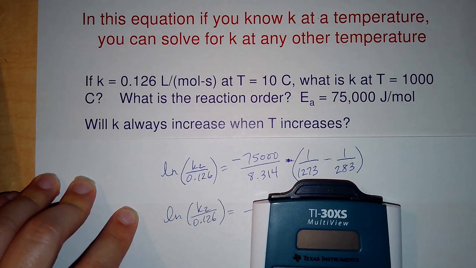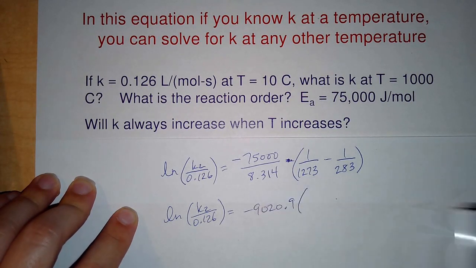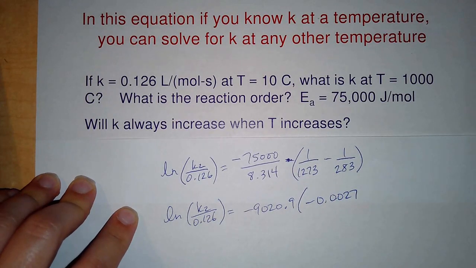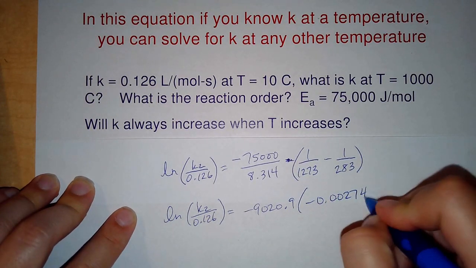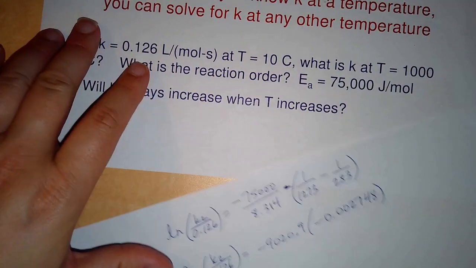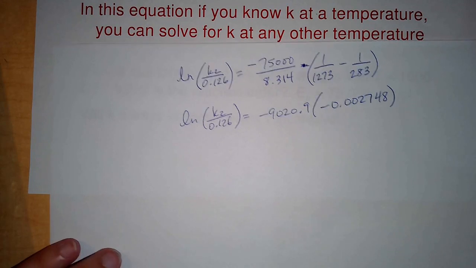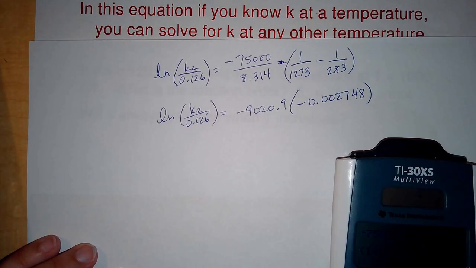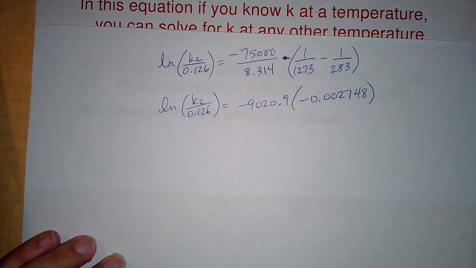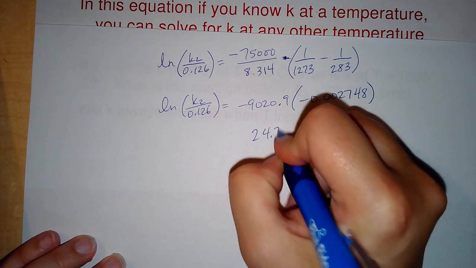Okay, 0.002748. Alright, so multiply that times our negative 9,020. Okay, 24.789.